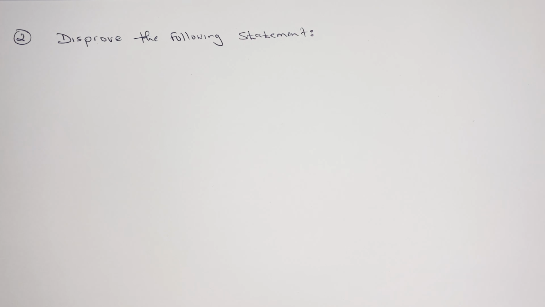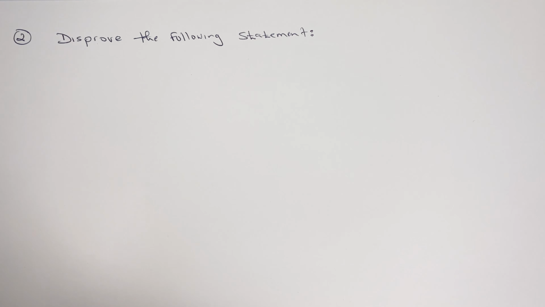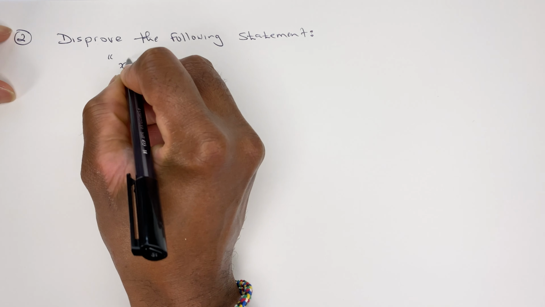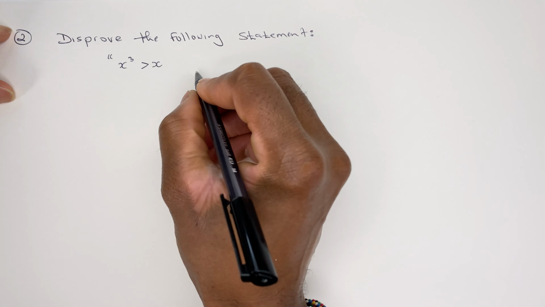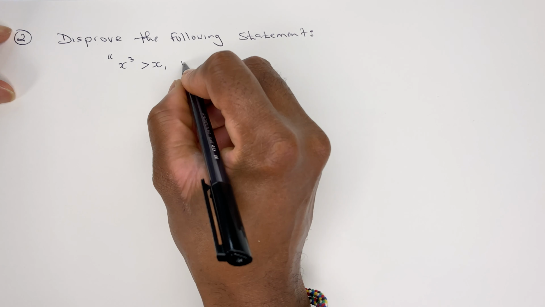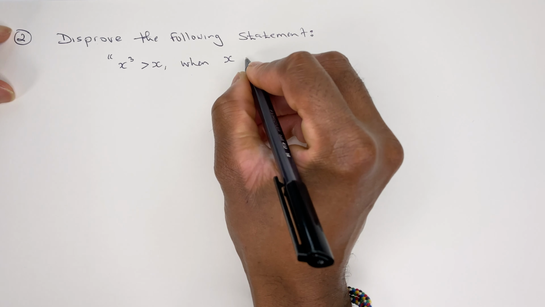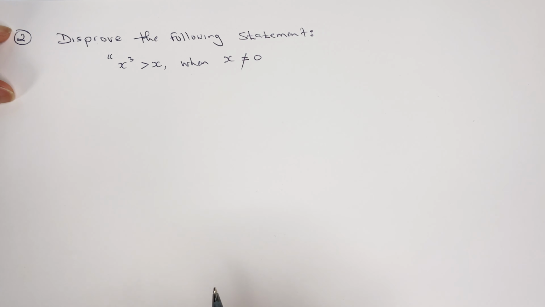Question 2. We're meant to disprove the following statement. The statement is x cubed is greater than x, when x is not equal to 0. So this is the statement, and we need to disprove that.